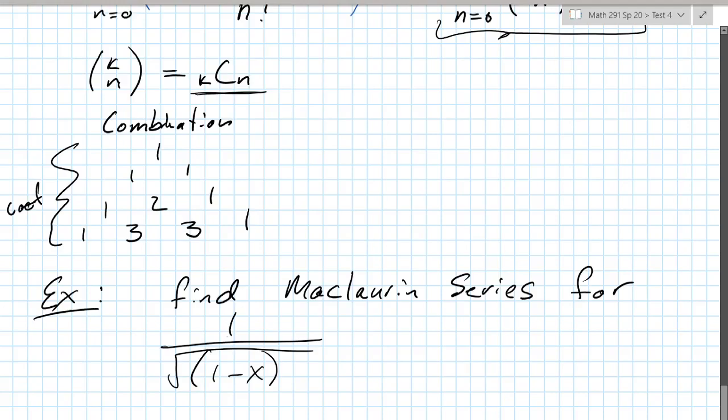So the key is, can we write this as 1 plus x to the k power? And the answer is yes. We could write this as 1 plus a negative x here to the negative 1/2 power.